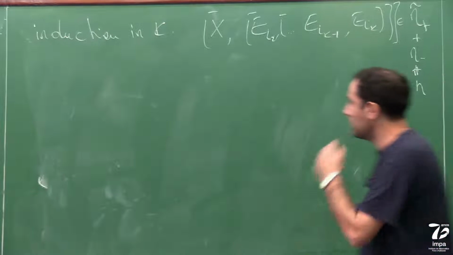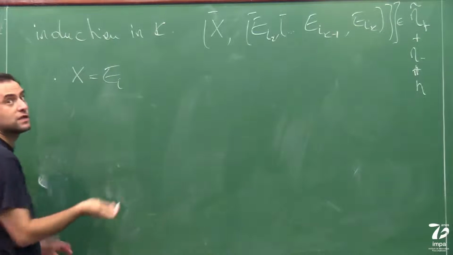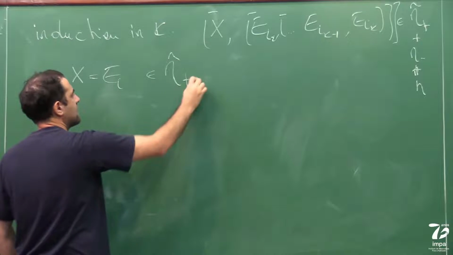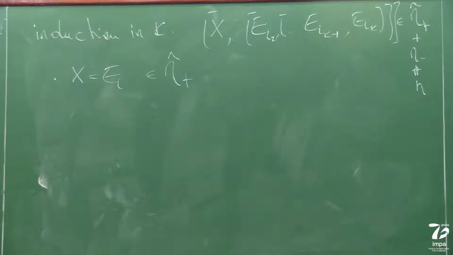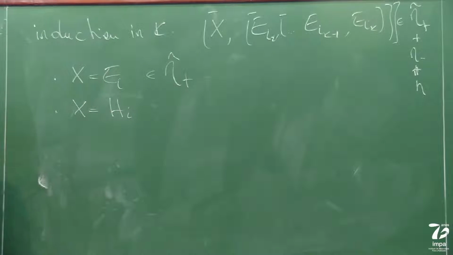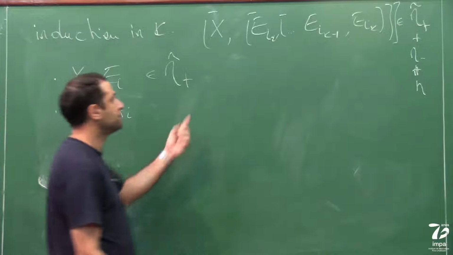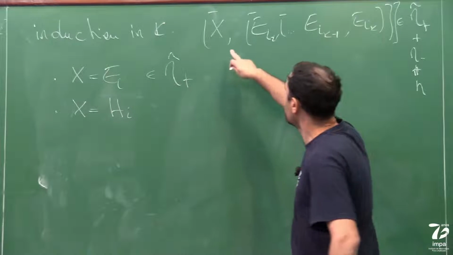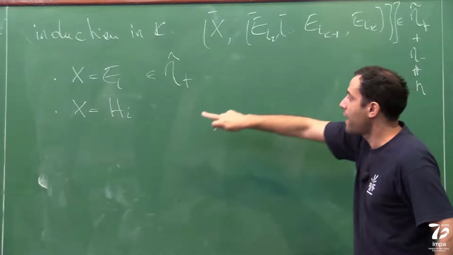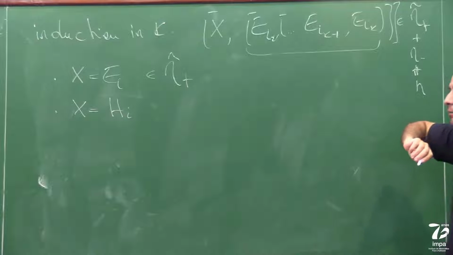Well, if x is equal to some ei, then it's obviously in n tilde plus, and there's nothing to prove. That by definition is the bracket of elements in n tilde plus. If x is some hi, then I use the fact that the adjoint action of h is a derivation. So I'm taking the adjoint action of hi evaluated at this element, which is k minus 1 brackets.